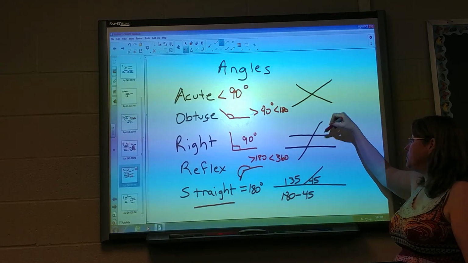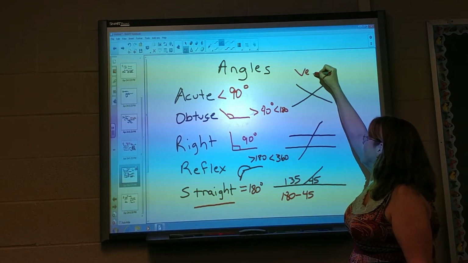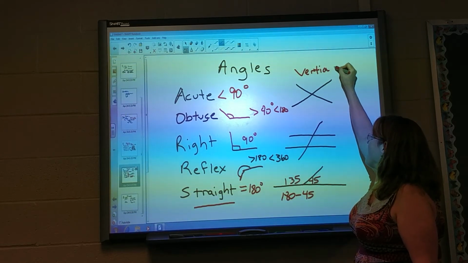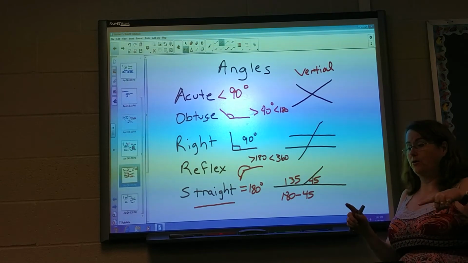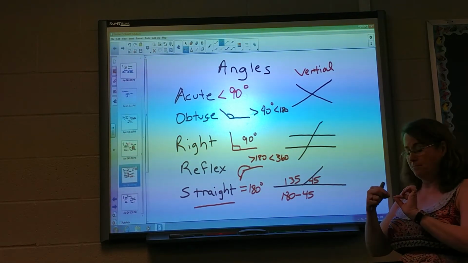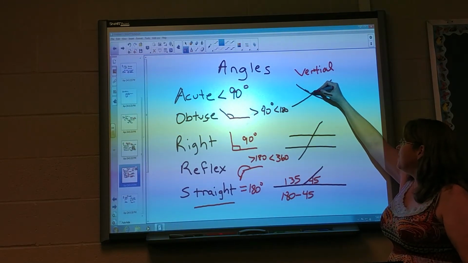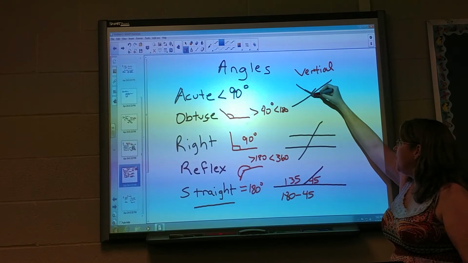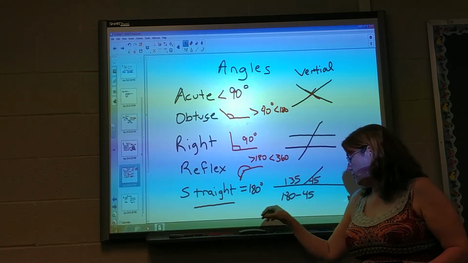This is a parallel with a transversal, but these are called vertical angles. Vertical doesn't necessarily mean straight up and down, but it means meeting at the tips. So if you notice, this tip and this tip kiss in the middle, that's a vertical angle.